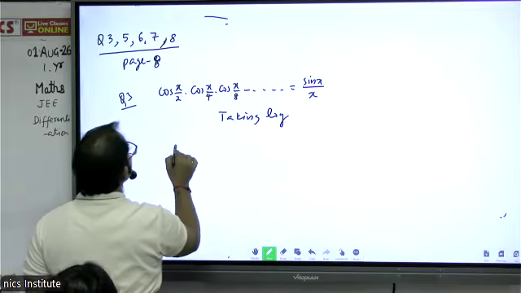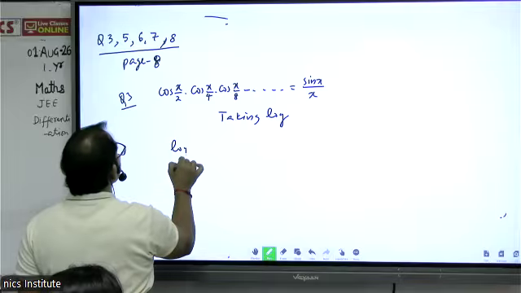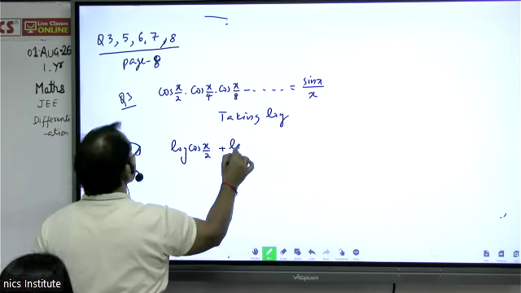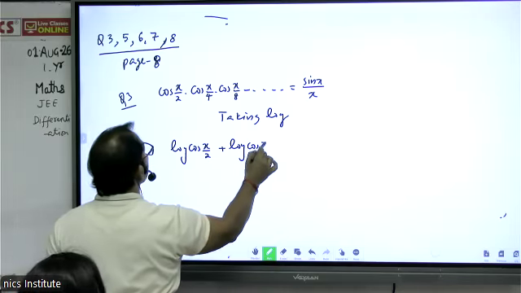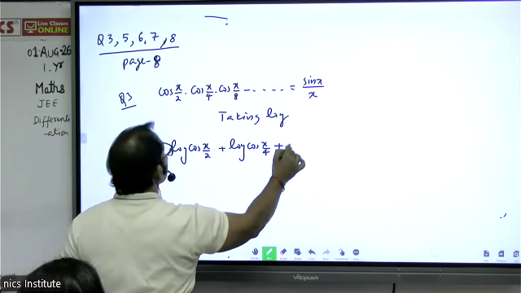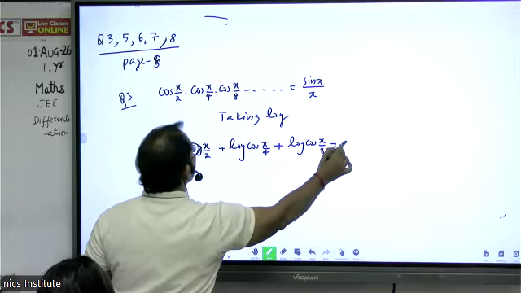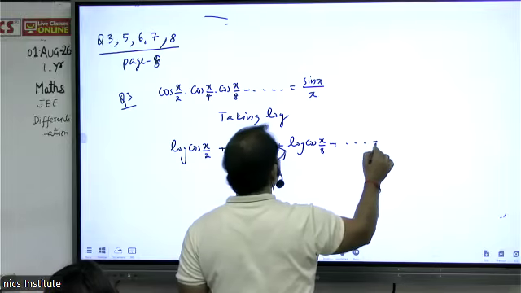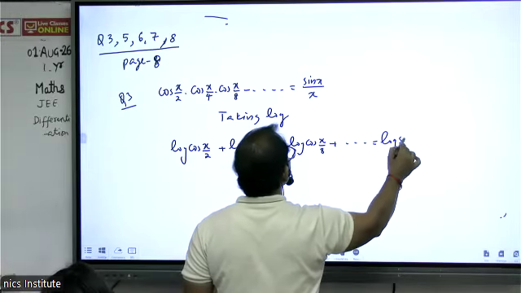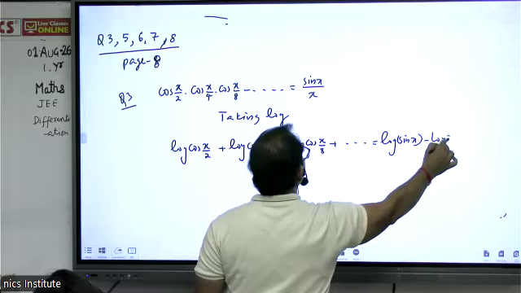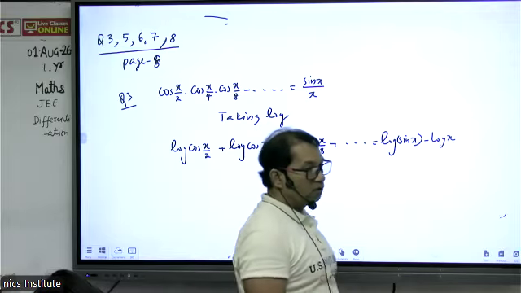Taking log, it will be log cos of x by 2 plus log of cos x by 4 plus log of cos x by 8 and so on. The right side would be log of sin x minus log x. Log a by b is log a minus log b.